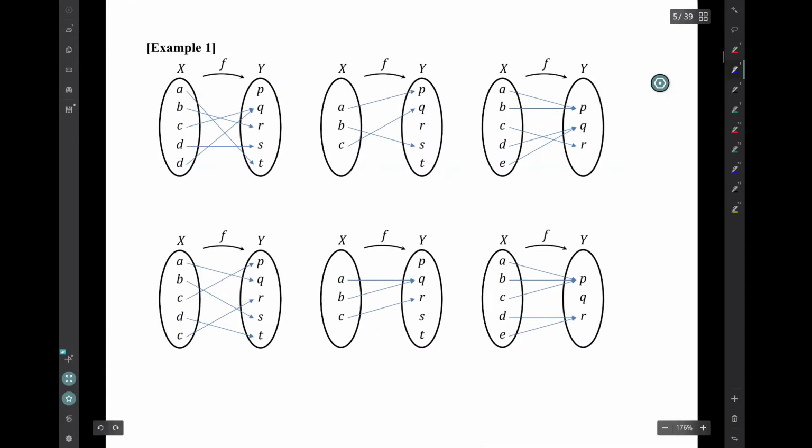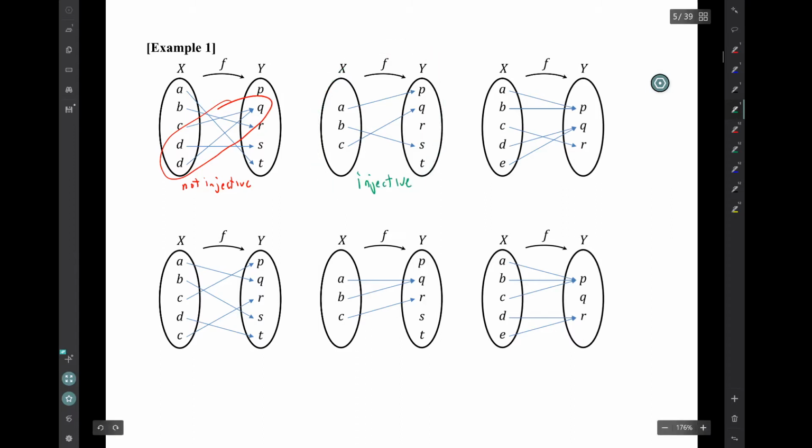Let's go on. Example 1. Which of these functions are injective and which ones are not injective? Well, notice this function has two inputs that cause the same output. Let's look at the next function here. Notice that there are no two inputs that cause the same output, so this one is injective.